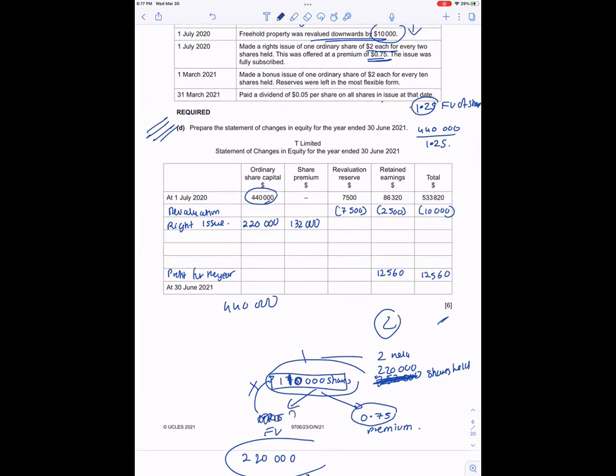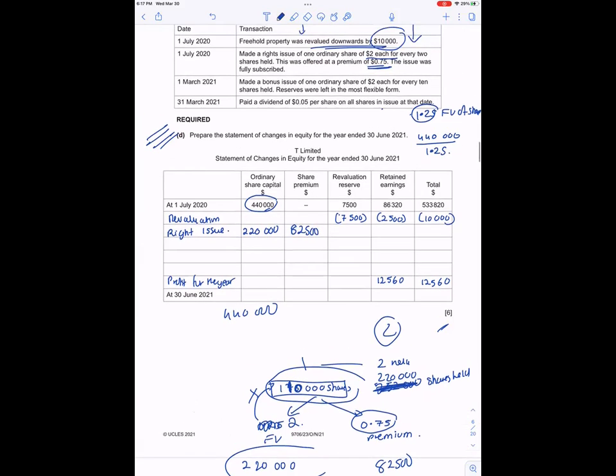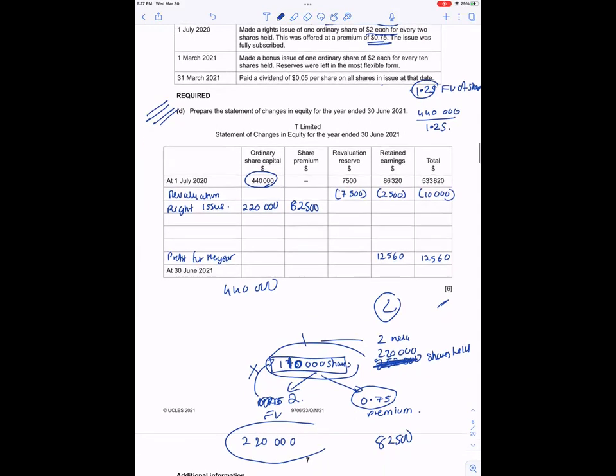Face value 2 and premium 0.75. 110,000 into 2. Okay, got it. Yes, the issue price was 2, which was the face value. I just thought that it was 2 including premium. It was 2 excluding premium.